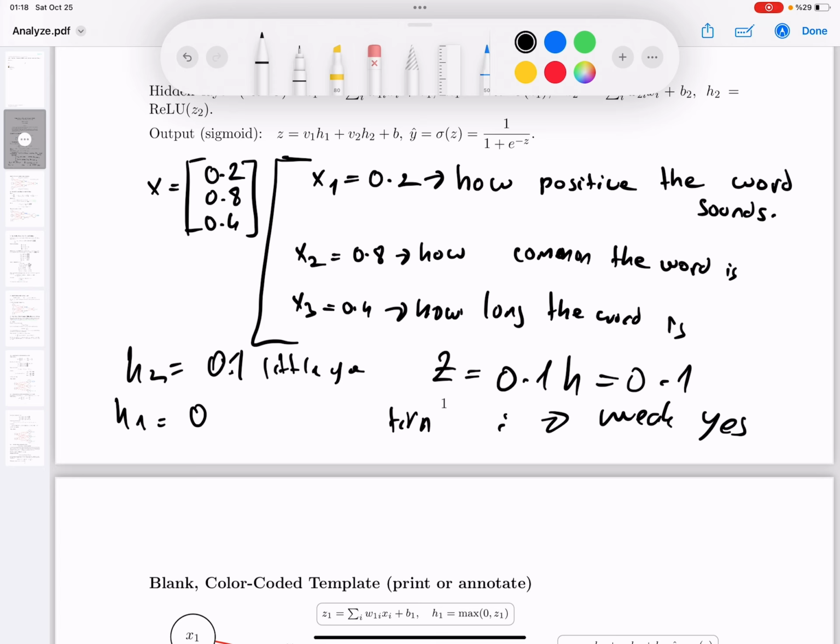Then we say, with these features, I am about 48% sure the word is happy. Because x1, x2, x3 are clues about the word, h1, h2 are two little helpers that sense patterns in those clues. And the vector is 0.48, or the percentage. The final guess may be happy, but not sure.